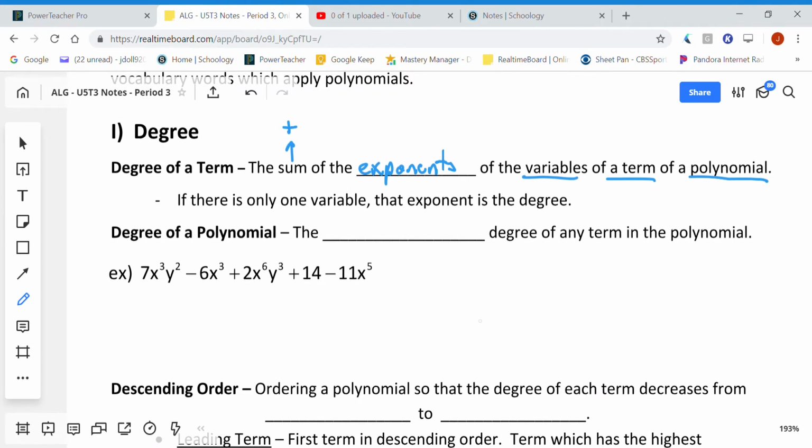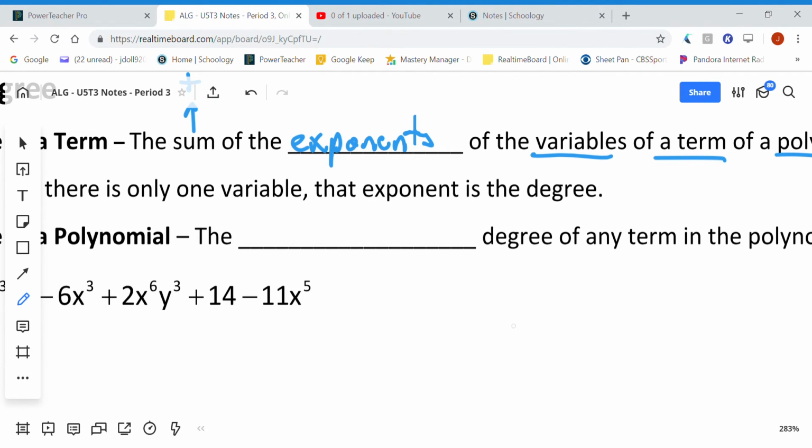Now, that's just of an individual term. A polynomial, as you can see in this example below, is a lot of times made up of multiple terms. So if each term has its own degree, how do we determine the degree of a polynomial as a whole? Do we have like a cage death match between all of the terms, and the term with the largest degree comes out on top? Well, pretty much, that's exactly what we do.